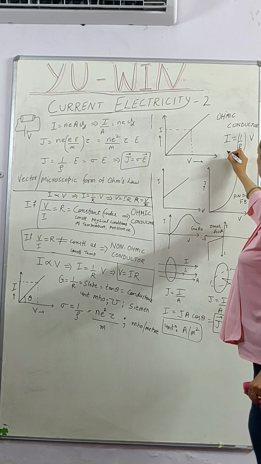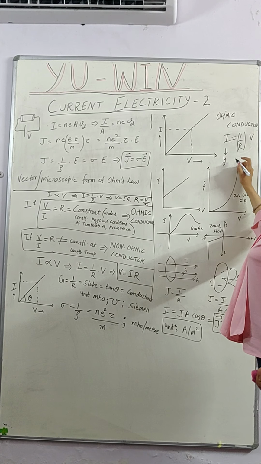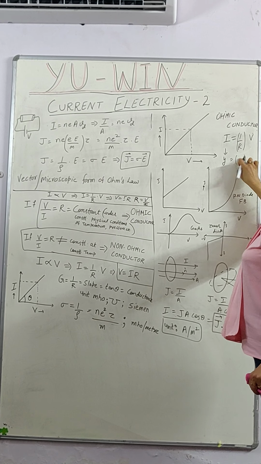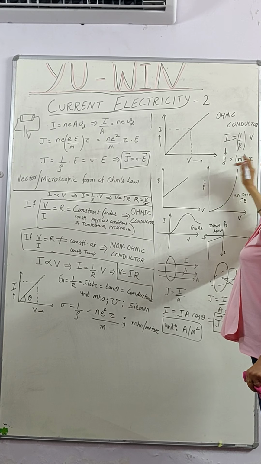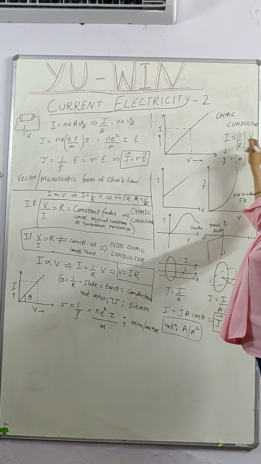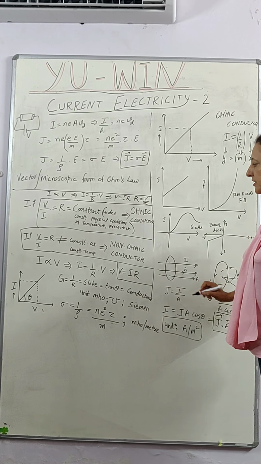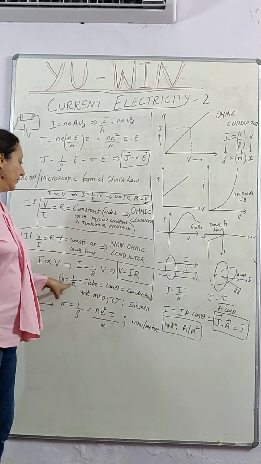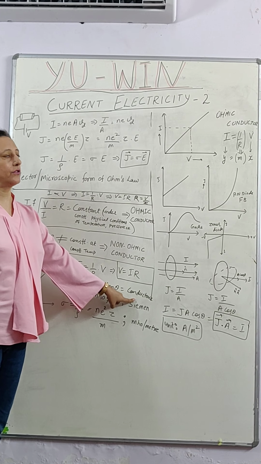Comparing with the linear equation y is equal to mx, I have taken current on the y-axis, and this has to be the slope m, and V is the independent variable that you have applied. So you take V along the x-axis, I along the y-axis, and this m will be equal to 1 by R, which is the slope, and this slope is known as the conductance. Slope of the VI graph gives you the conductance, not the resistance.